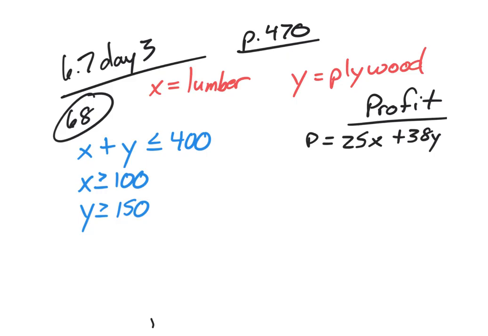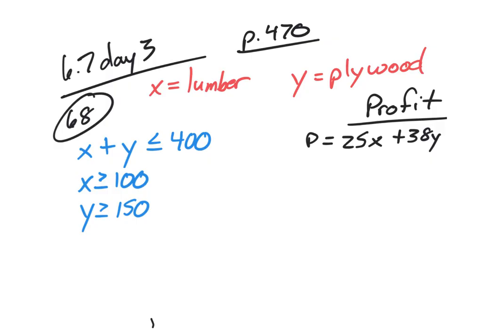Okay, and so to talk about these, first of all, this is my total production of the two different ones. That's pretty straightforward. These are going to be a little bit different. We know they can't be zero, but not only can they not be zero, they cannot be less than 100 for the x values and 150 for the y values. So it's even given us a bigger constraint. We can't go below that for those two values. So we know that we're still limited to the first quadrant, because we're not going to produce a negative amount of lumber or plywood.